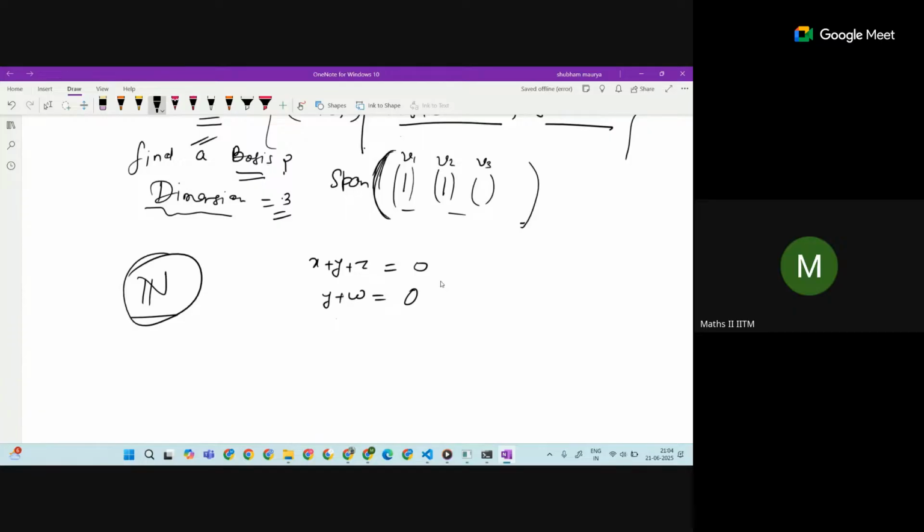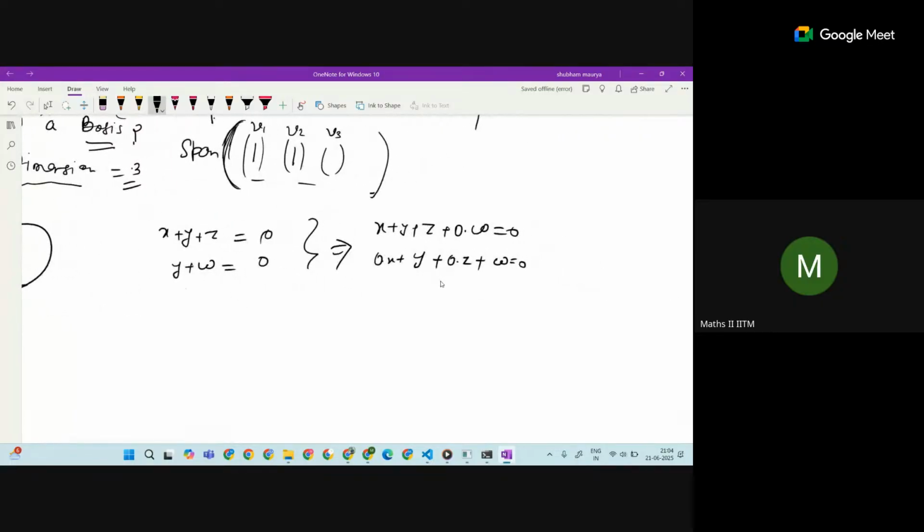This is a simple numeric thing, and this is 4 variables. So if you want to represent it in a broader way, x plus y plus z plus 0 times w is equal to 0, and 0 times x plus 0 times y plus 0 times z plus w is equal to 0. So all four variables are visible now.